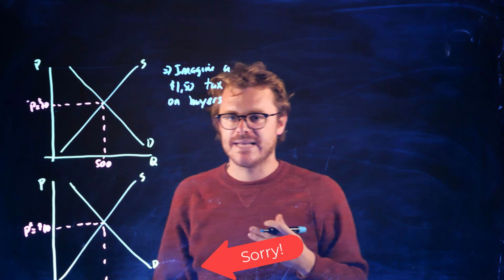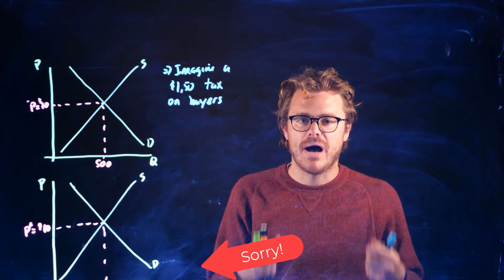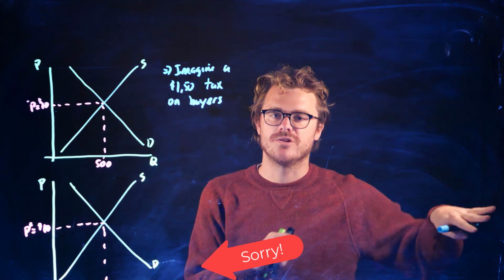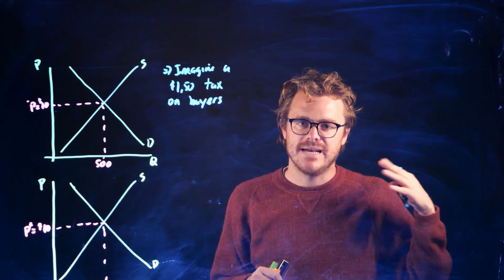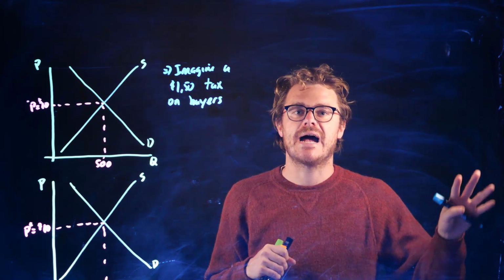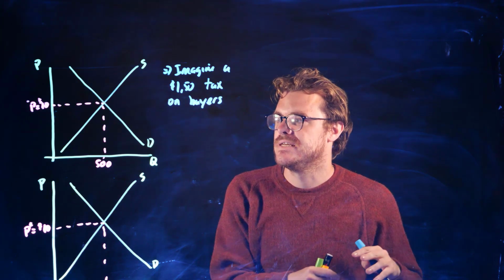So now every time you go in and buy a pizza, there's like a little till over there that you have to give $1.50 to. Every time you buy a pizza, you have to pay this tax to the government, to like Queen's government or something like that, for $1.50.